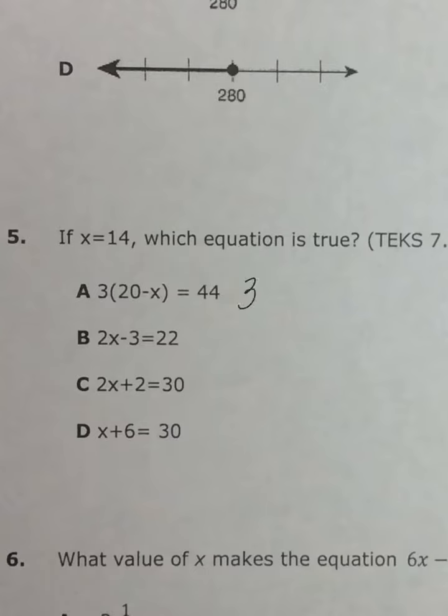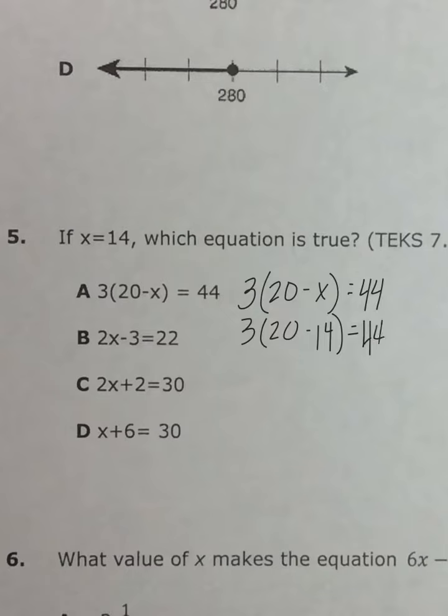A says 3 times 20 minus x equals 44. Okay, we're going to replace the x with 14, because they said x equals 14 right here. 20 minus 14 is 6, and 6 times 3, when we're sitting right next to it there, 3 parentheses 6, that means 3 times 6. 3 times 6 is 18.